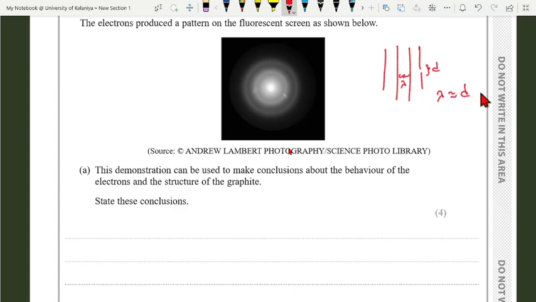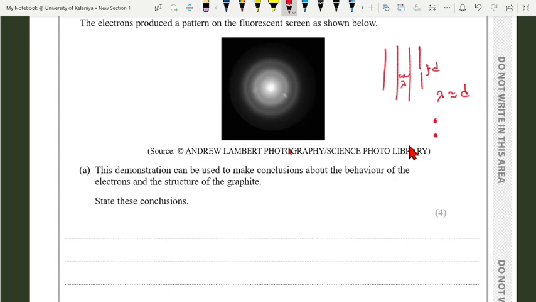So what we can tell from this is that the de Broglie wavelength of the electrons is similar to the spacing of gaps between atoms. Because why? The gaps between atoms are acting as slits over here, and the de Broglie wavelength of the electrons is acting as the wavelength of the beam, right?